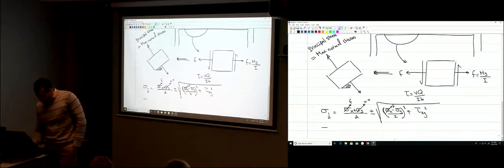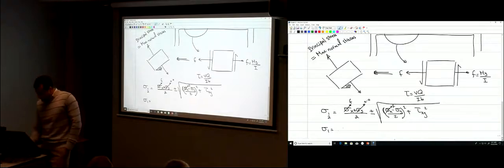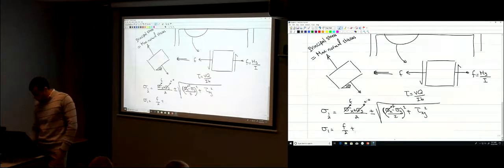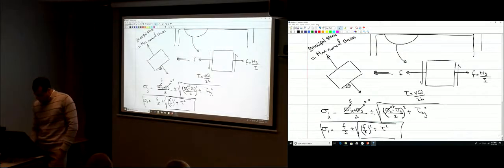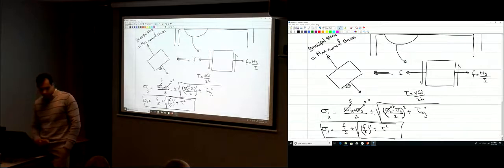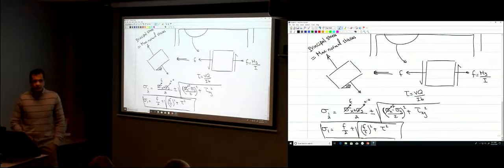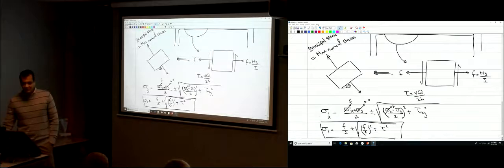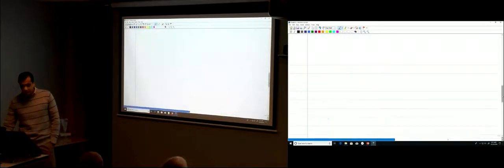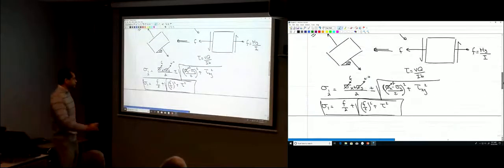So sigma 1 is f divided by 2 plus the square root of f divided by 2 squared plus tau squared. That's the maximum tensile force. Because concrete is weak in tension. So that's what I care about, the tensile force that results from the shear force.